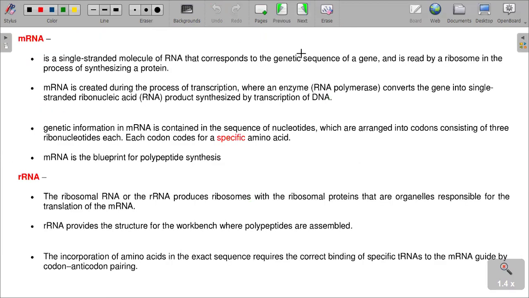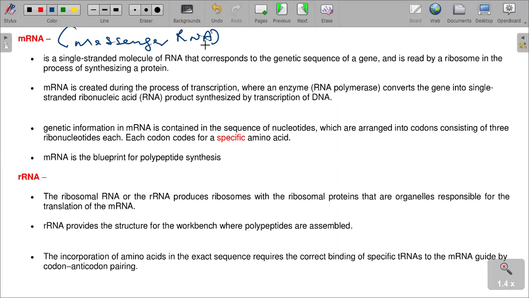We have got mRNA, which I am saying again, in full is called messenger RNA. Messenger RNA is that type of RNA that is formed during transcription.